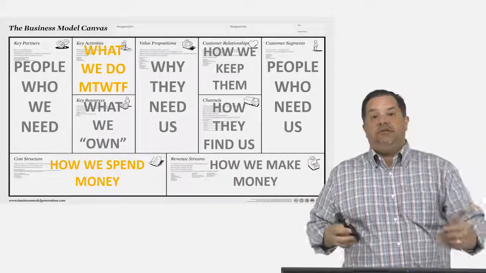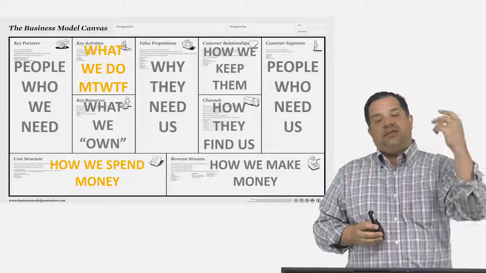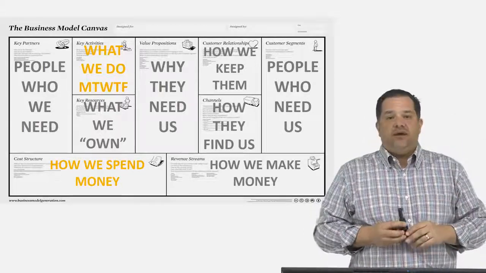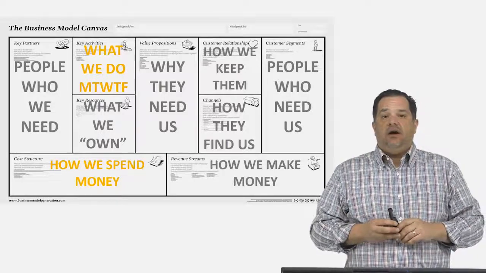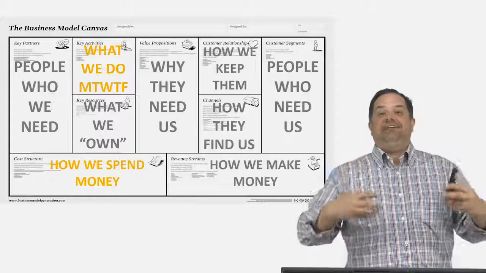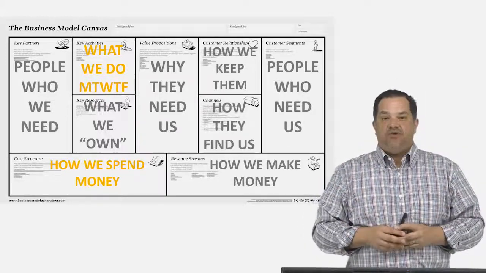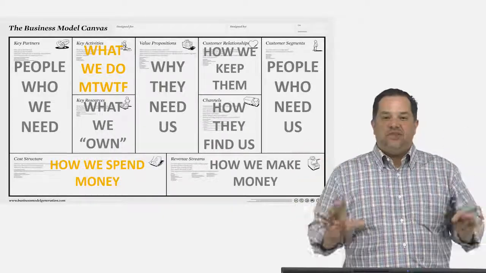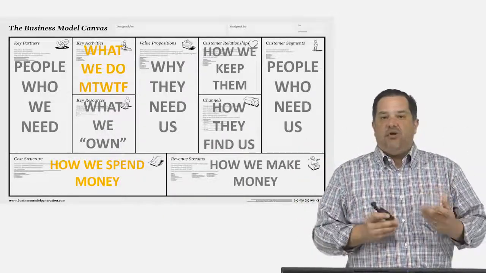These are people and suppliers that we need, the activities that we do Monday through Friday, and the resources that we have inside our company, all adding up to hopefully cost structures that are significantly less than our revenue streams. So I hope you can see how all of this works together and how they all relate.